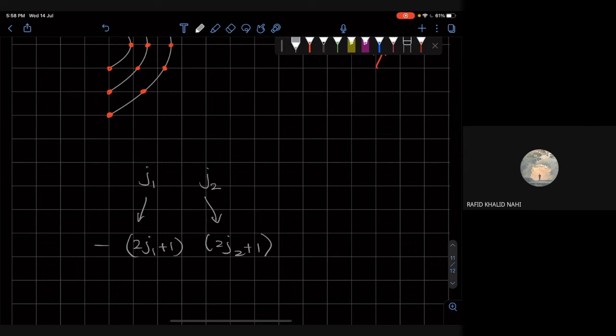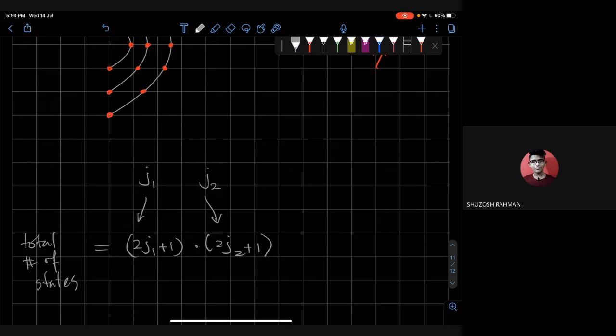So the total number of states in that combined space must be the product of these two numbers, right? Because they're independent objects. Do you agree?